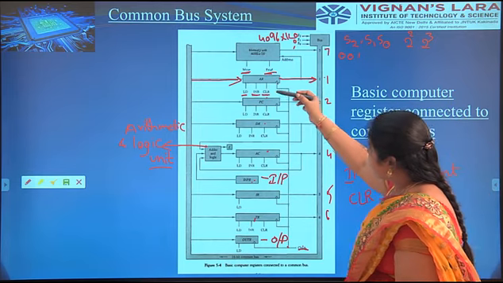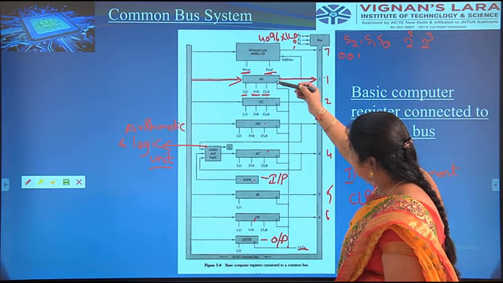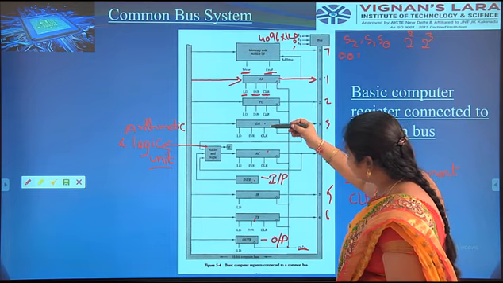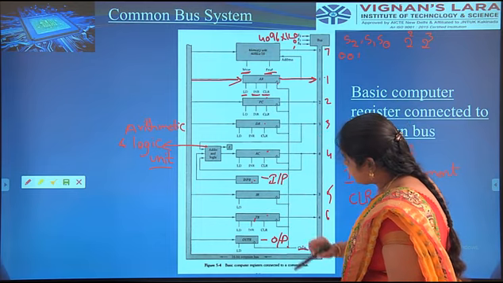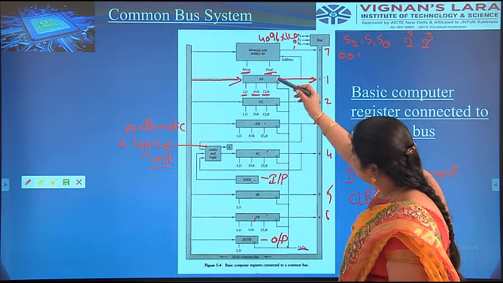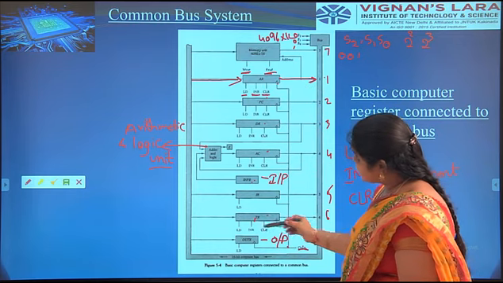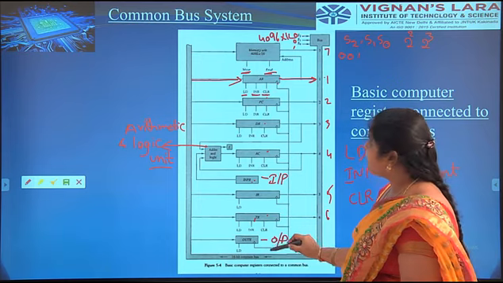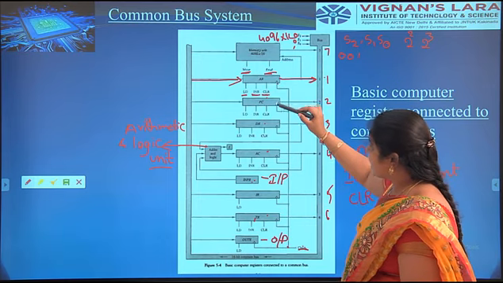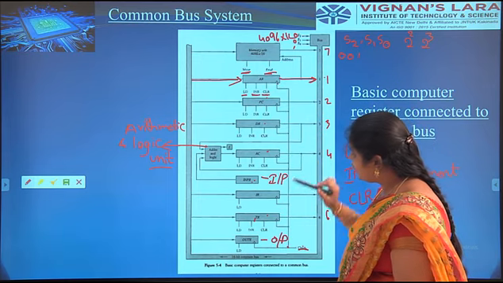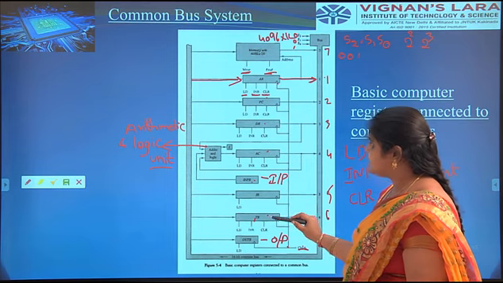This type of inputs is for AR, PC (program counter), DR and TR. These four registers have three control inputs: address register, program counter, data register, accumulator, and transfer register.